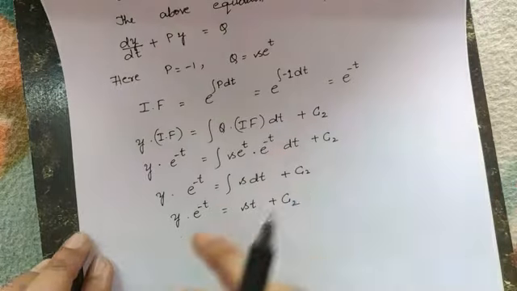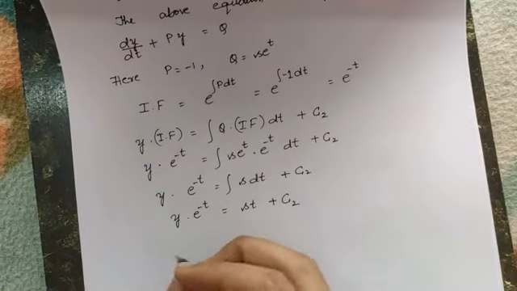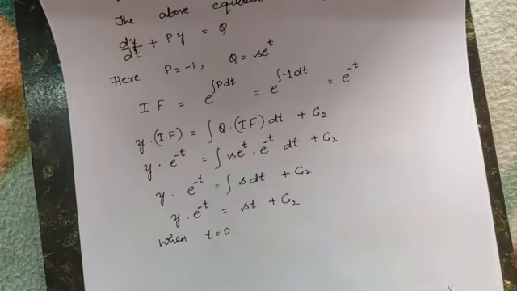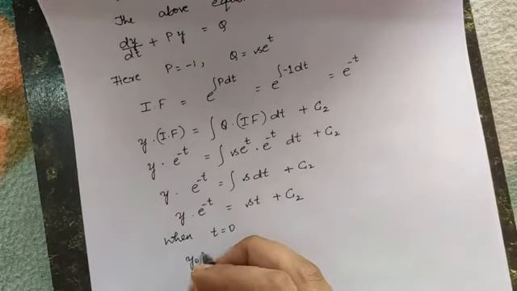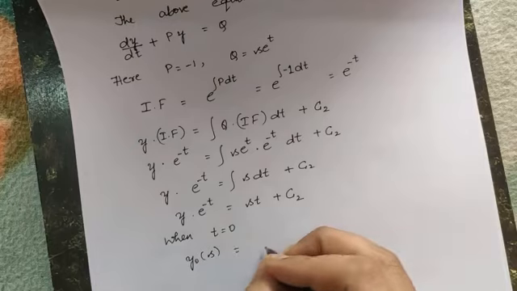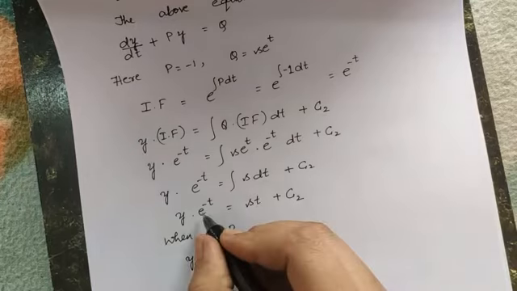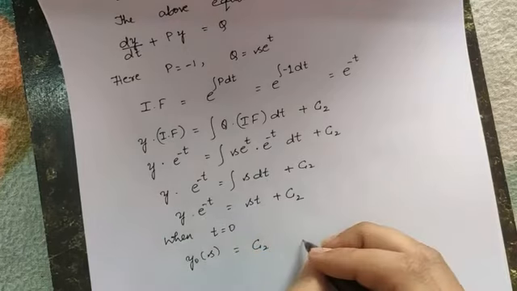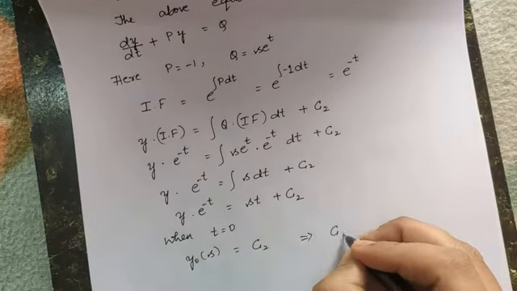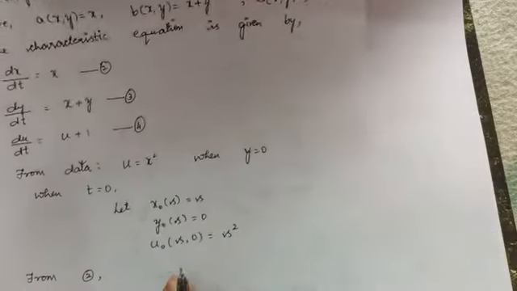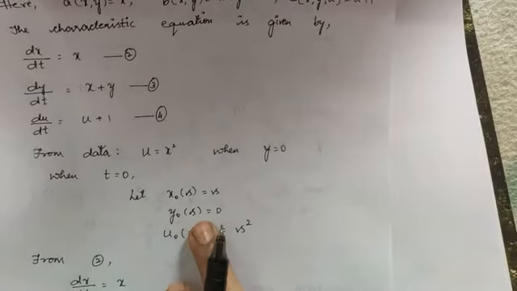Now I have to find out the solution when t is equal to 0. When t equals 0, you will get y naught of s, which is equal to c2. This will become 0, e power 0 is 1, right? So this implies c2 is equal to, from the data, y naught of s is 0.